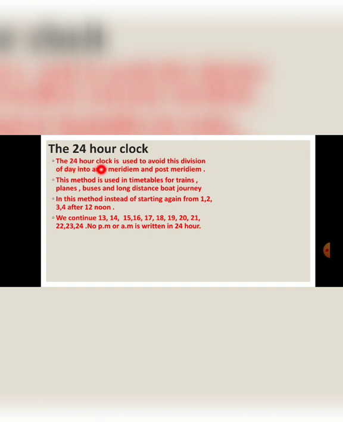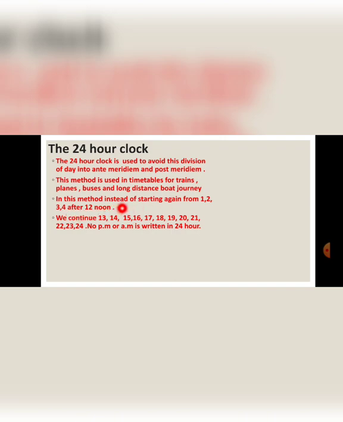The 24-hour clock is used to avoid this division of the day into ante meridian and post meridian. It means you are not using PM and AM. We don't divide the time into 12 hours and 12 hours. It is continuous from 1 till 24. This method is used in timetables for trains, planes, buses, and long distance boat journeys.